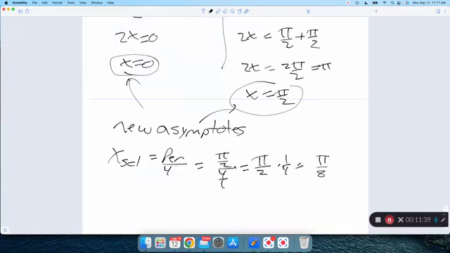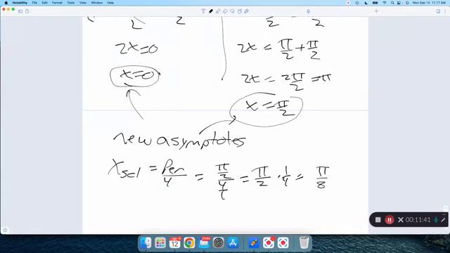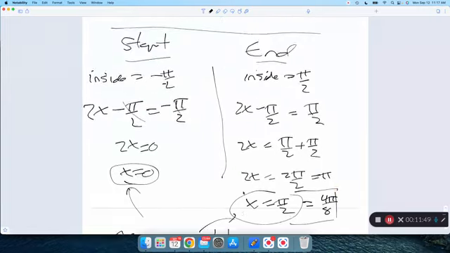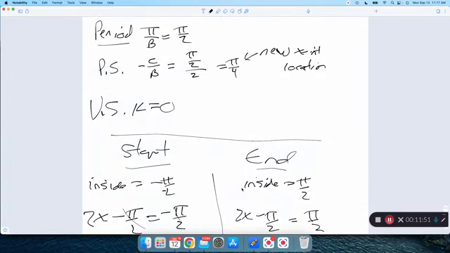So let's make everybody 8s. 0 is just 0. But I could make this guy 4 pi over 8. And what was my phase shift? Let's call him 2 pi over 8.